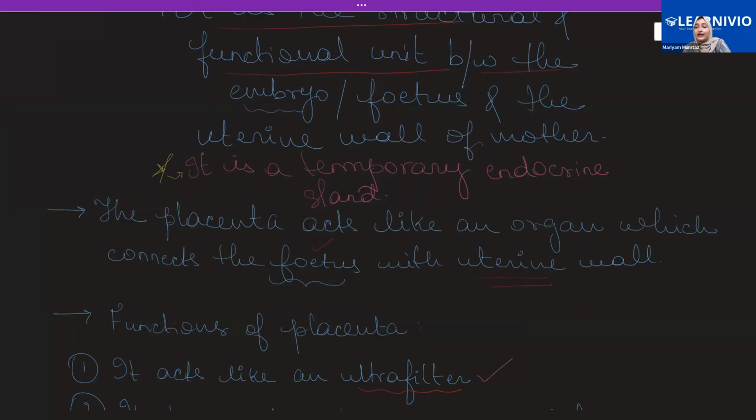What is the secretion of an endocrine gland called? Hormones. Yes, the secretion of endocrine glands is hormones and the secretion of exocrine glands is enzymes.